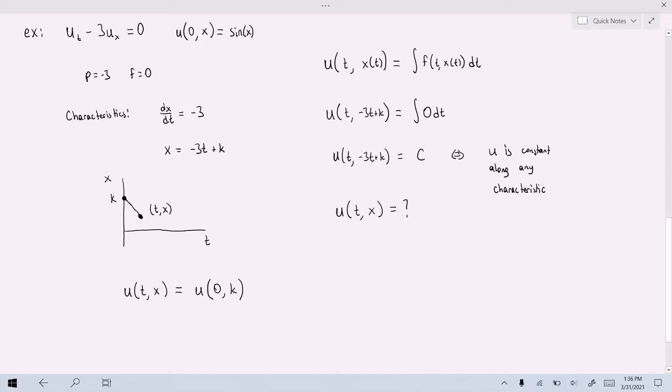Okay. So what I've done is I've used the fact that u is constant along any characteristic, and by doing that, I can find the value of u at this point by traveling backwards along the characteristic until I reach the x-axis.